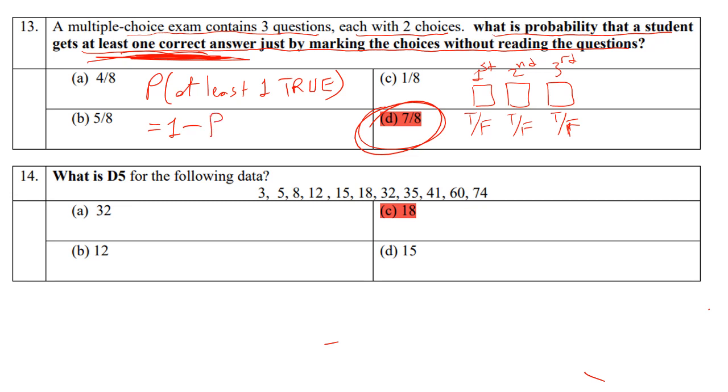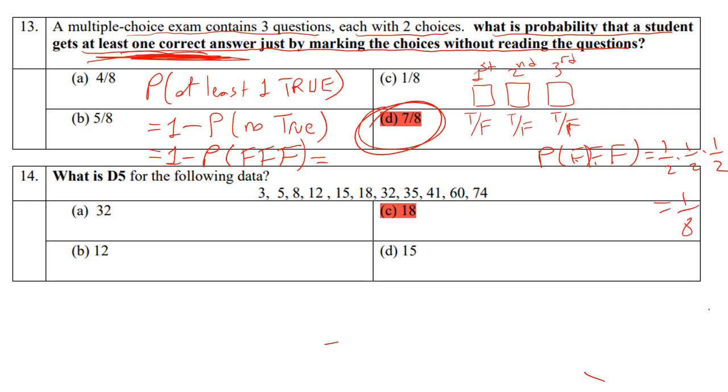It means the probability that no true, so 1 minus the probability that we have false, false, false. What's the probability of 3 false? The first one is false, the second one is false, so it's 1 over 2 times 1 over 2 times 1 over 2. So it will be 1 over 8.